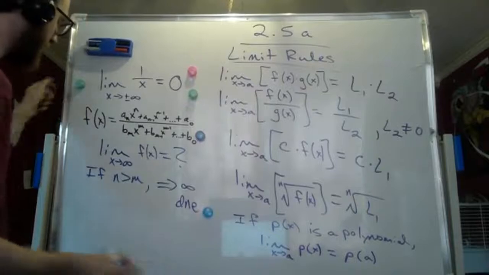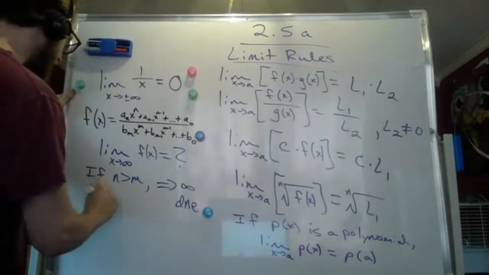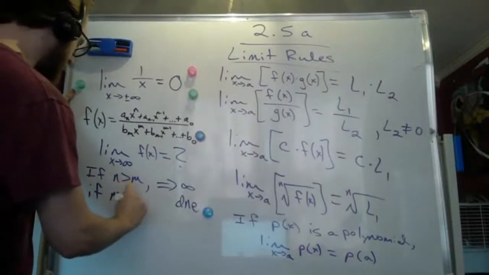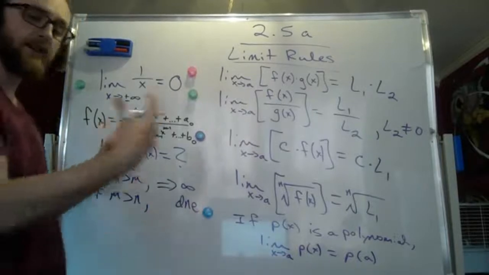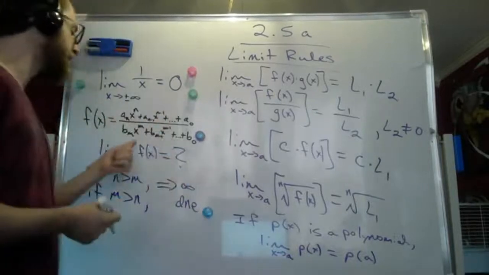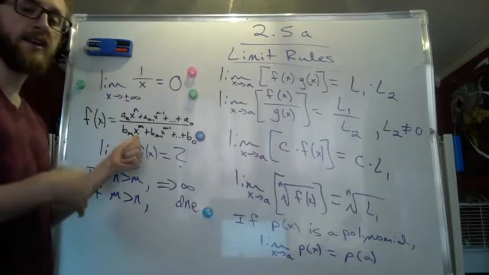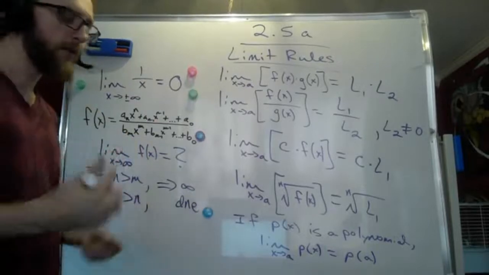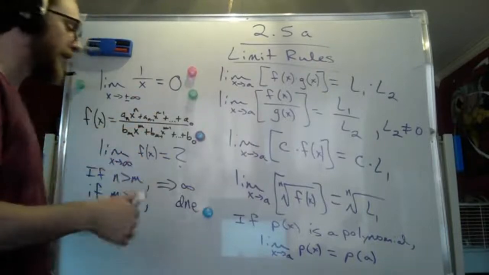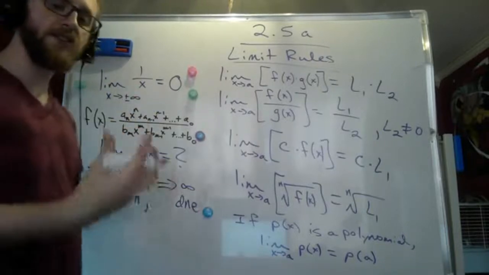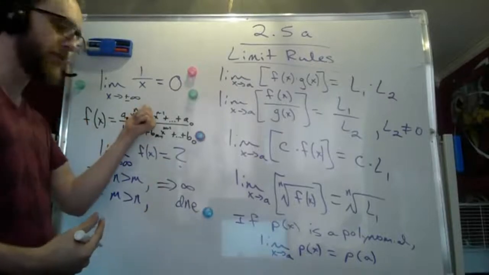But what about the opposite case? What if m is the bigger number? In other words, the biggest power for this entire fraction is attached to an x in the denominator. Well, then the reverse is true. That means our denominator is growing at a faster rate than the numerator.